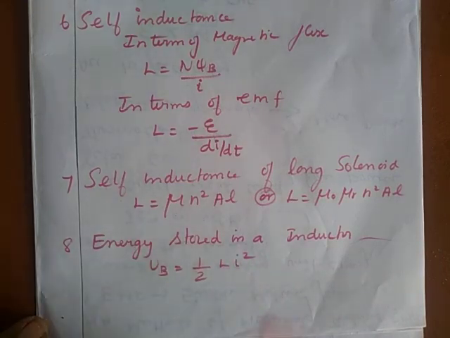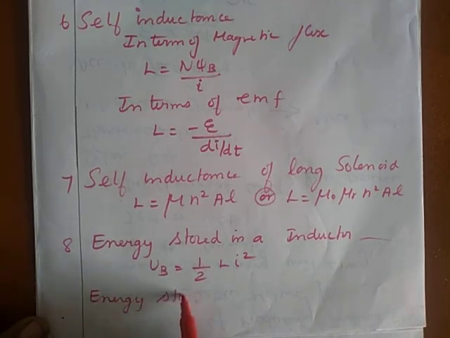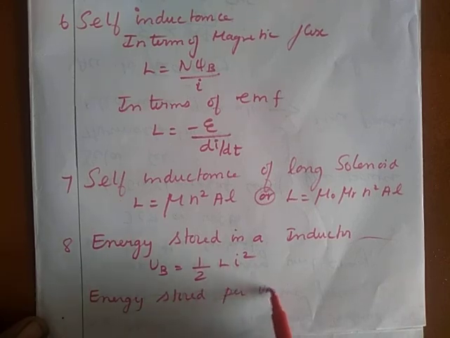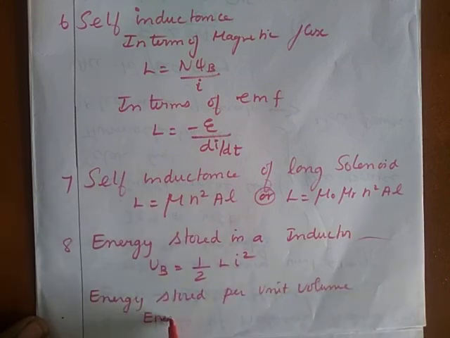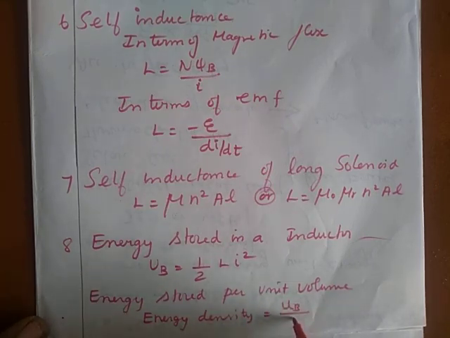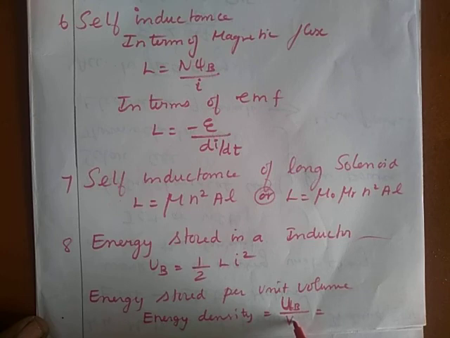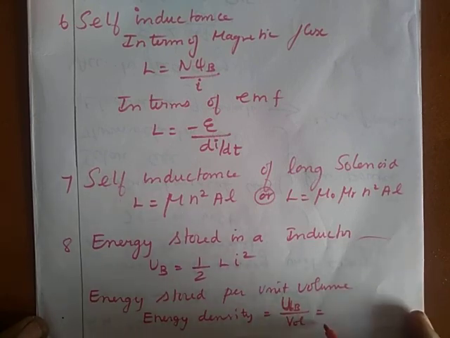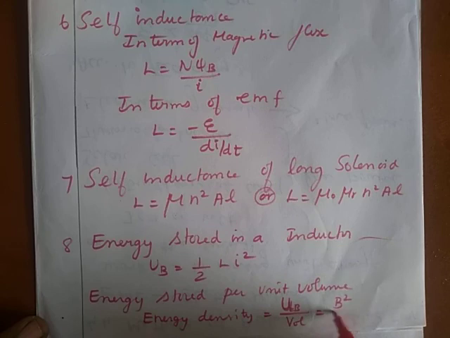In order to find the energy stored per unit volume, that is known as energy density, that is U B by volume. We know for this it will be B square by 2 mu naught.